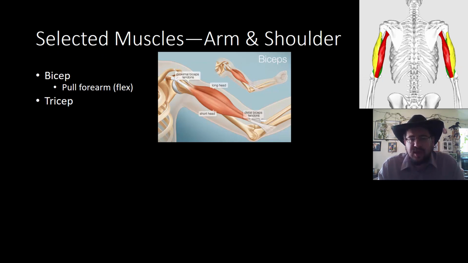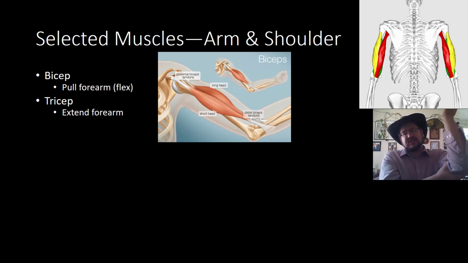So, the green, red, and yellow are all different colors for the one tricep, illustrating here's one origin, here's the other origin, and here's the third origin. 1, 2, 3 tricep heads. And they insert over here at the elbow joint, and they contract and extend the forearm. They extend the elbow joint.